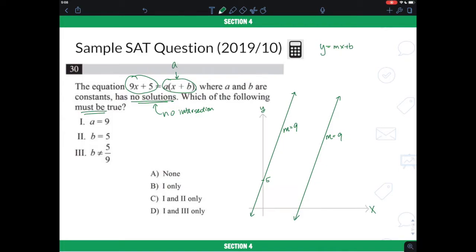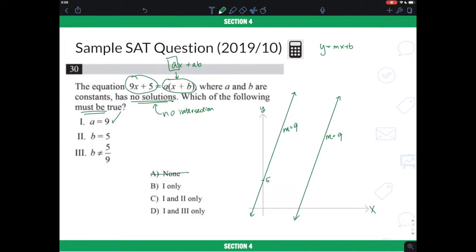So we have ax plus ab. So in order to have a parallel line, the a value right here, which represents the slope, must be 9. So a must be 9, so A must be true.